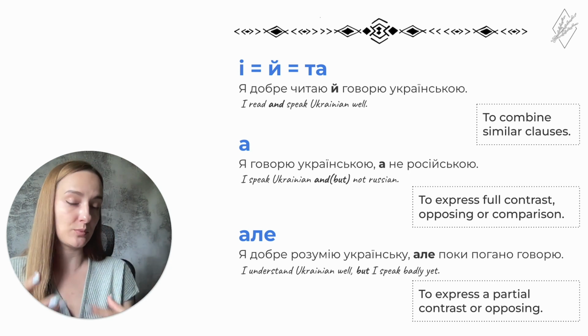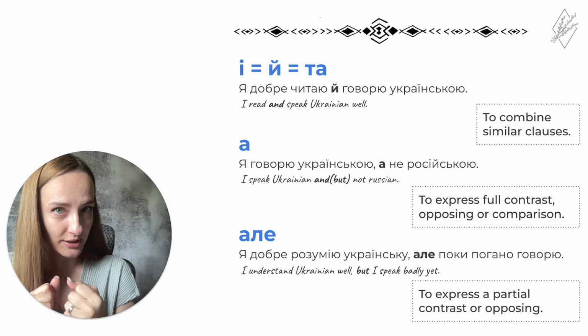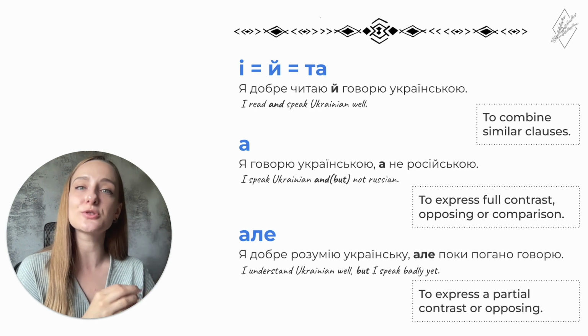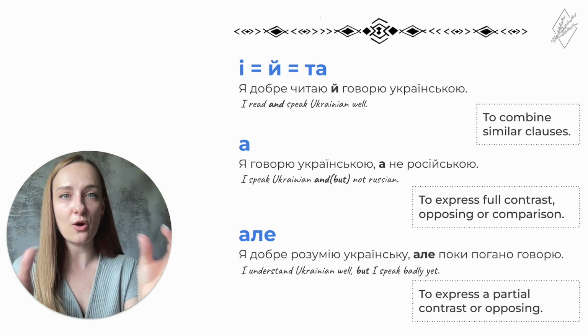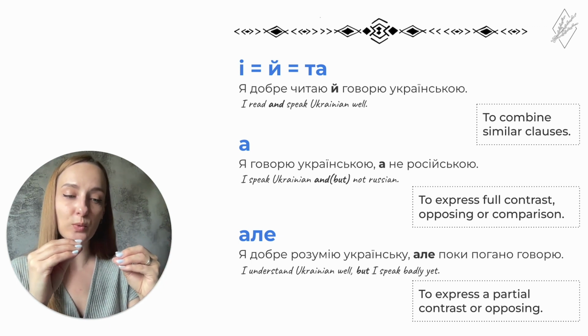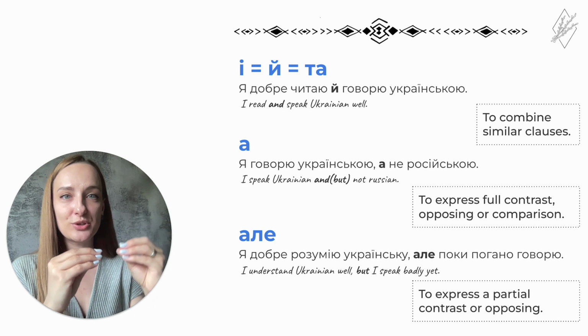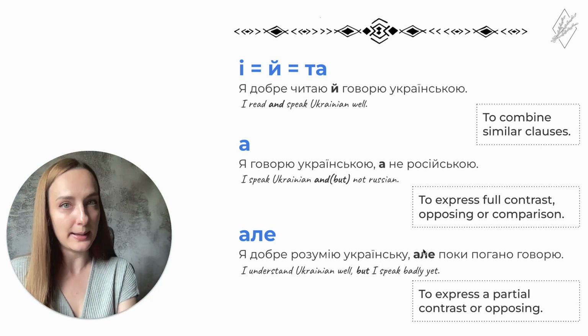So we speak about Ukrainian language and our skills in Ukrainian language. We understand Ukrainian well, but we do not speak it well yet. So Ukrainian language is a common part for both parts of the sentence, but still we compare two different skills. That is why here we use conjunction але.